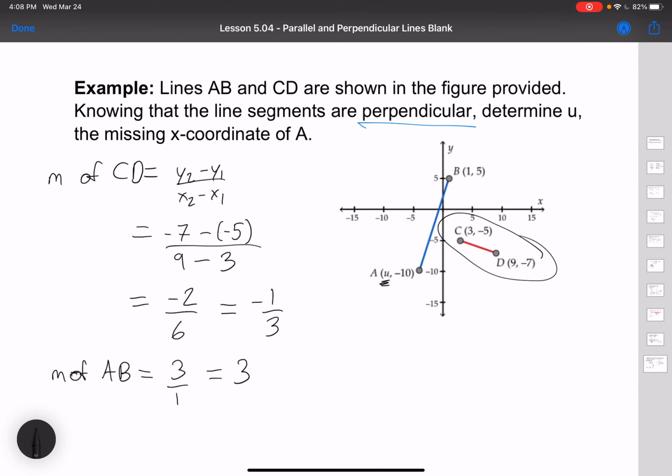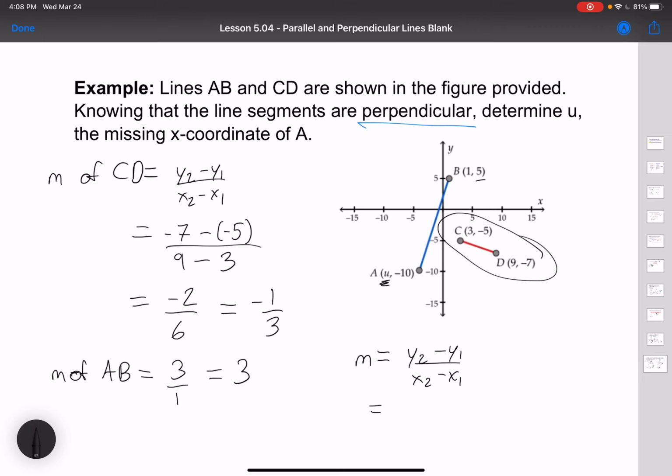So now how are we going to use this? What we can do is set up our slope equation again. So for AB, it's going to be y2 minus y1 over x2 minus x1. But this time we can sub in the information that we have. Doesn't matter which point you use as point 2.